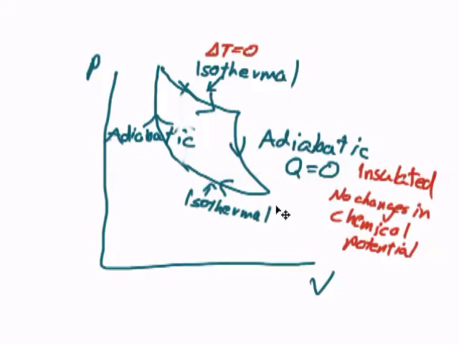So, for instance, with the adiabatic, you let the gas expand and then compress it again, and it will go back to exactly the same state. With the isothermal, if you let the balloon go up and you force the balloon down, it goes back to exactly the same state.